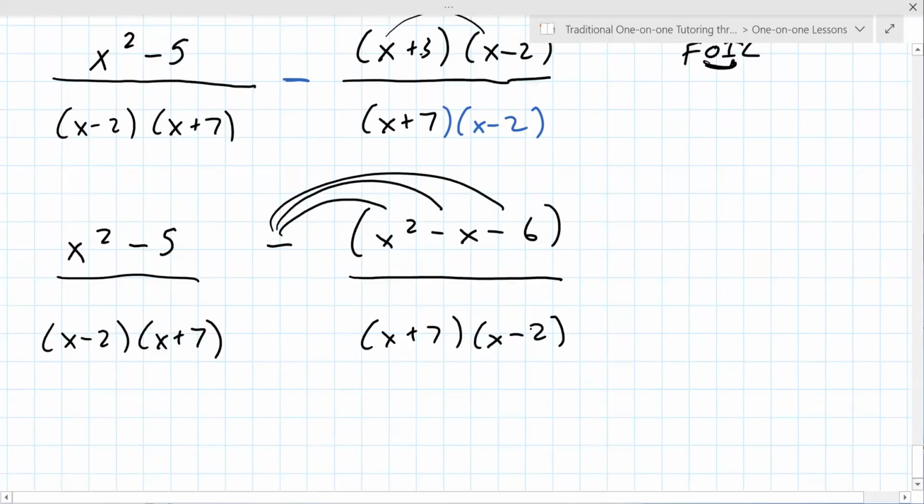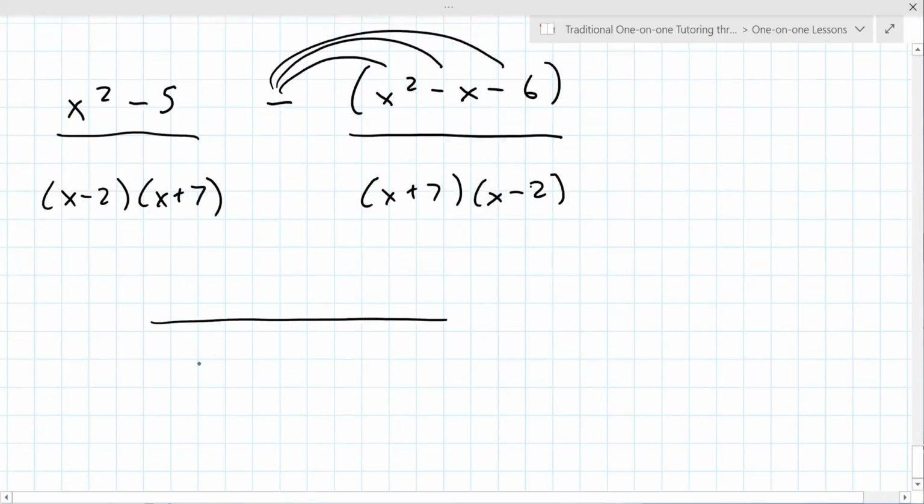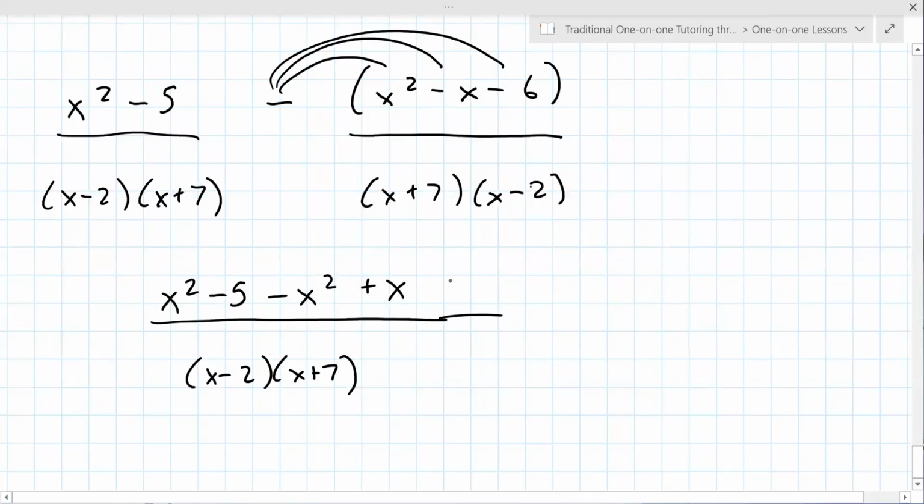Okay. So when we combine these, it becomes x squared minus 5 minus x squared. And then you subtract the negative x, that becomes plus x. See how we're just changing the sign of each of these? Plus 6.